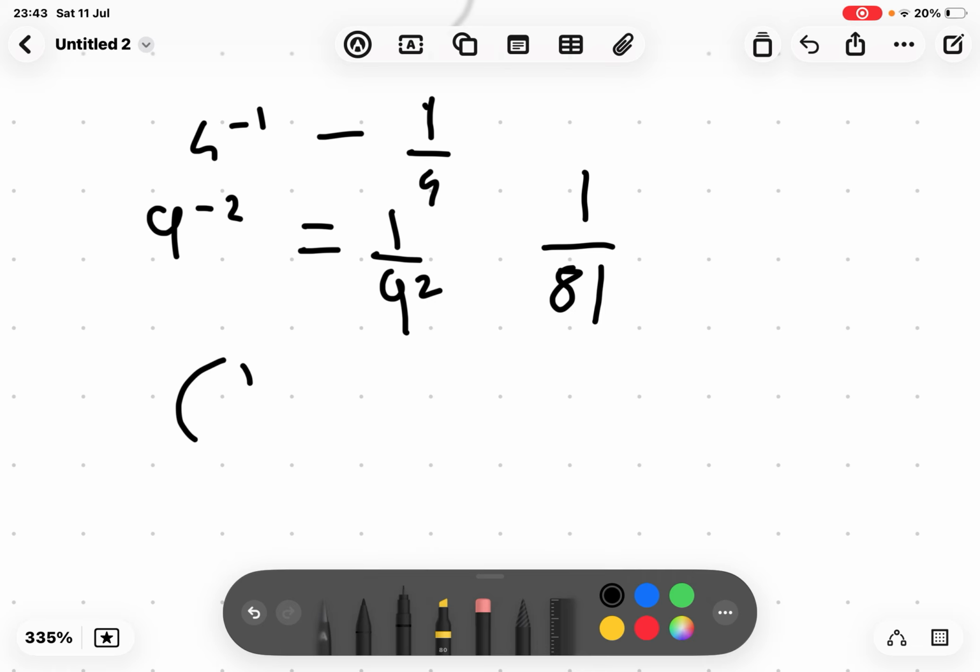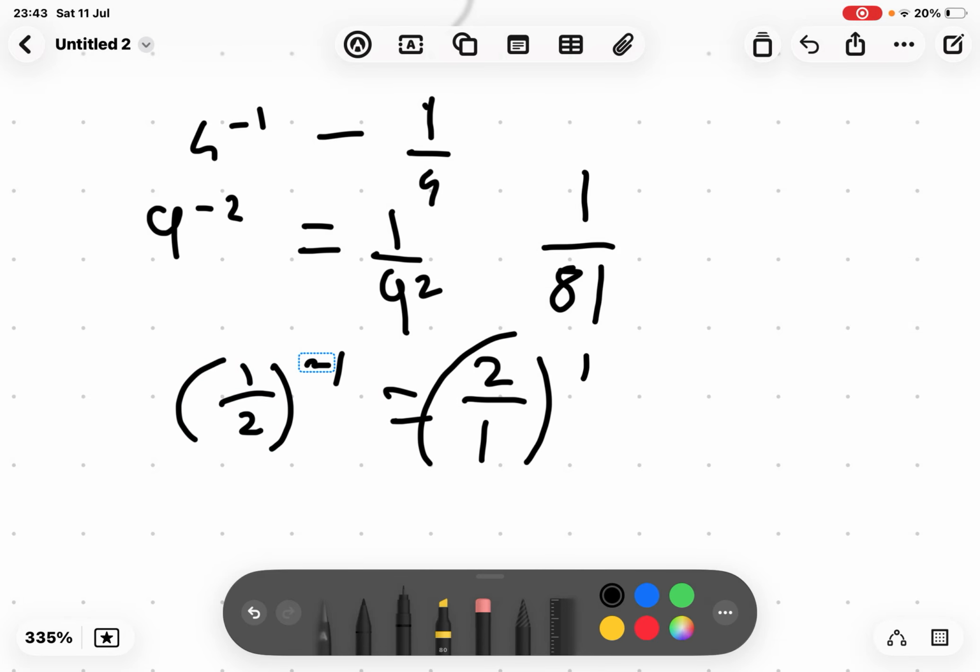And then when there's a minus in brackets, like a fraction, that just flips everything. And 2 to the power 1, 1 to the power 1 is the same as 2. Basically, because the 1 is an invisible 1, so it doesn't make any change, and 2 over 1 is 2.